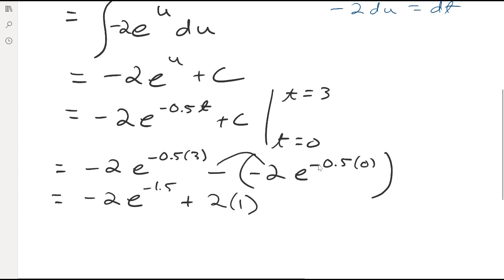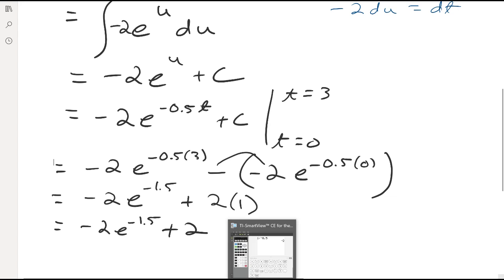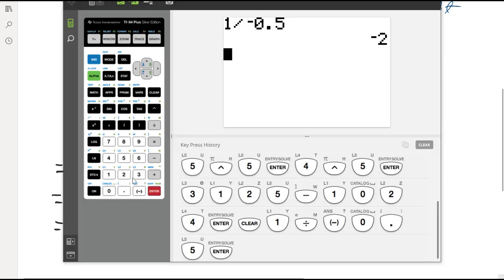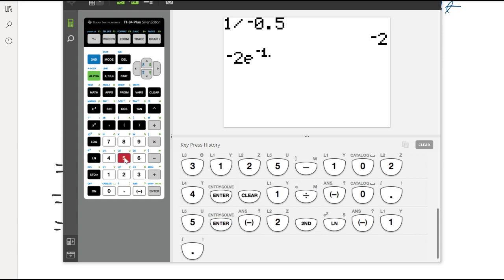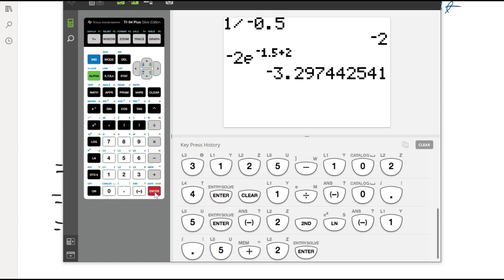And so the final answer is negative 2 e to the negative 1.5 plus 2. And if you wanted to see what that is as a decimal, let's see, negative 2 e to the negative 1.5 plus 2. And there you go. All right?